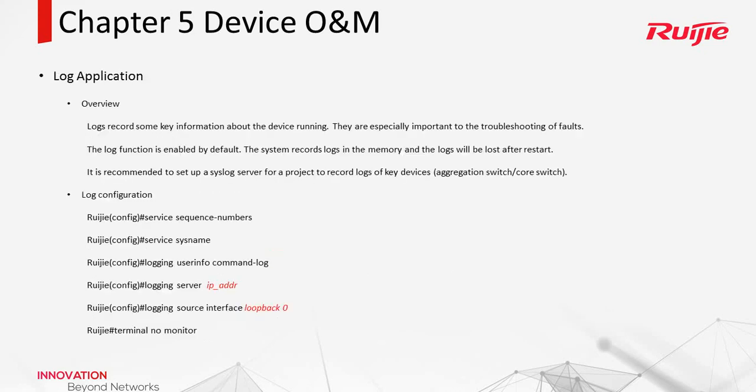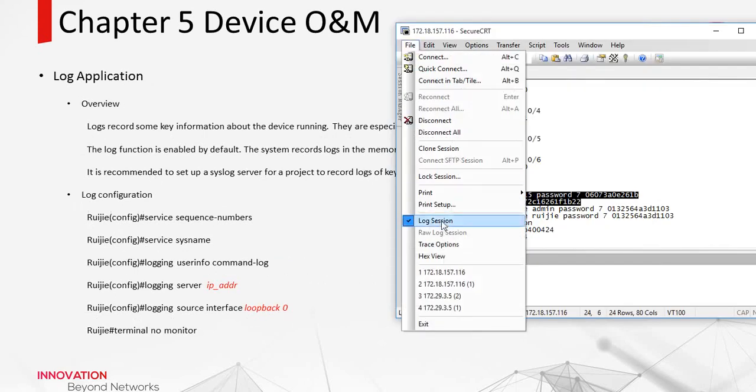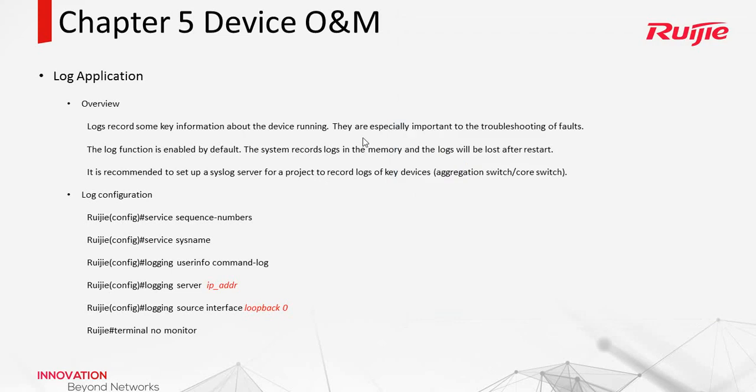Log application. Normally, when you save the log, like use the log session, but if the device restarts, the log will be lost. So you can also run a syslog server in your network and then use this command to synchronize our Ruijie device to your server.